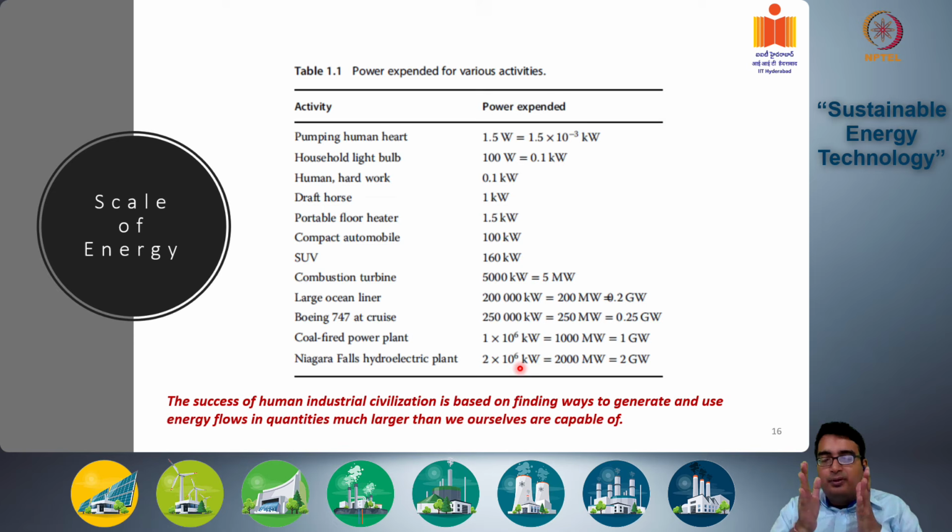Our civilization rests fundamentally on extremely large energy fluxes that we have harnessed through our technological means. Without that, we cannot have this level of development as we are seeing in the world today.